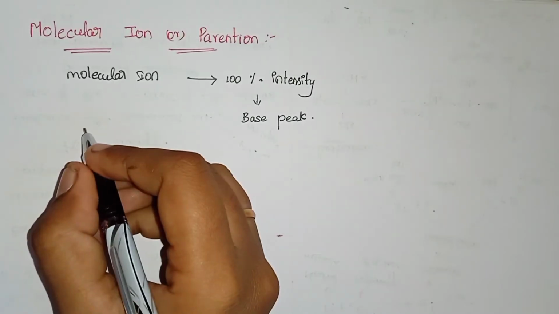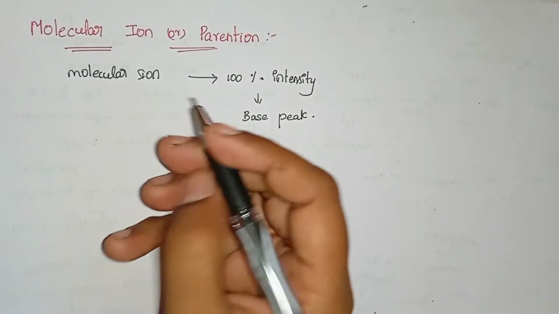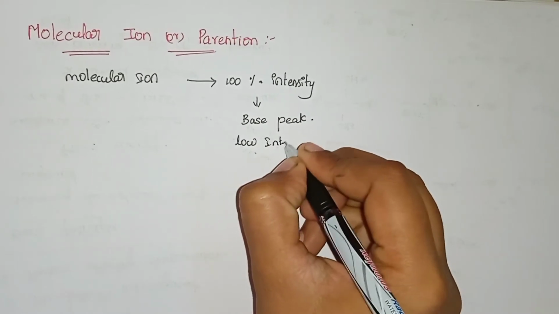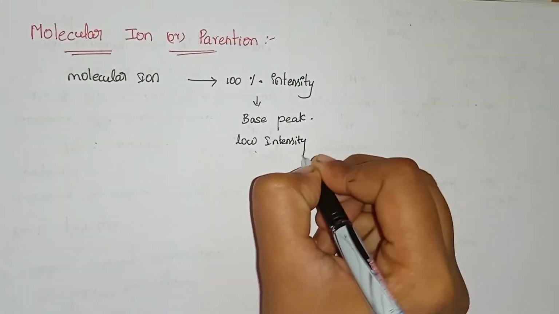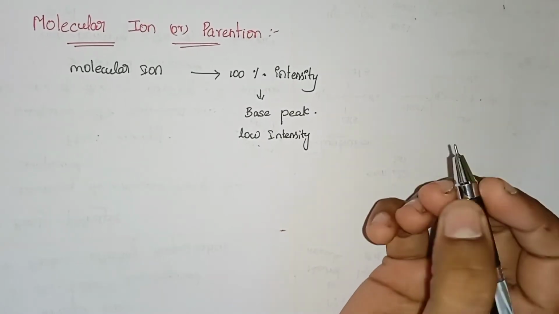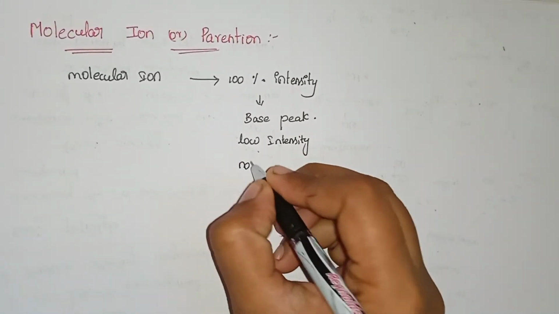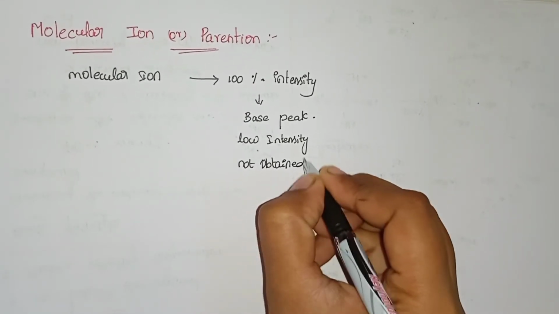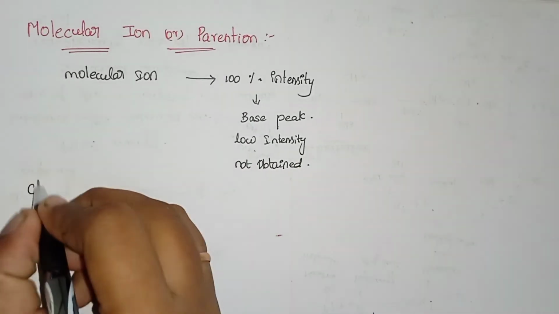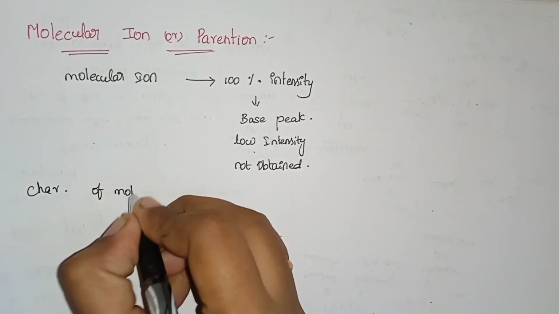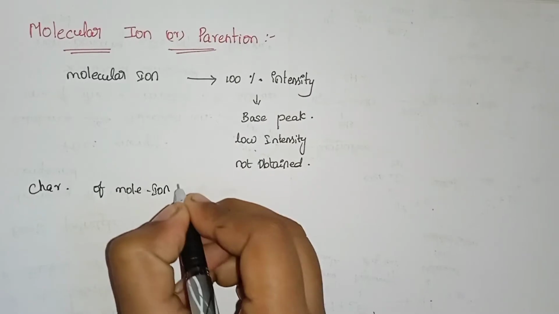In some organic compounds, the molecular ion has low intensity. In some organic compounds, the molecular ion signal is not obtained. So next, characteristics of the molecular ion.